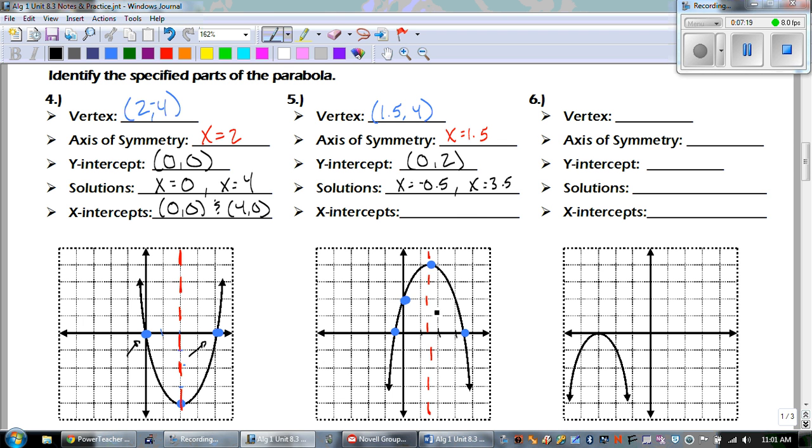And then writing those as points, it would be (-0.5, 0) and (3.5, 0). Okay. Number 6. Why don't you guys try number 6, do as much as you can, pause the video, and then we'll do the rest together.